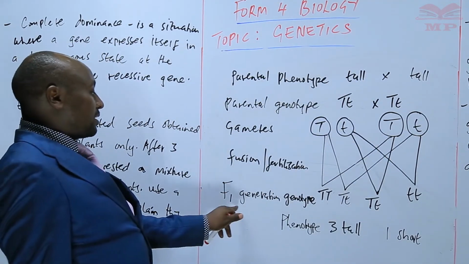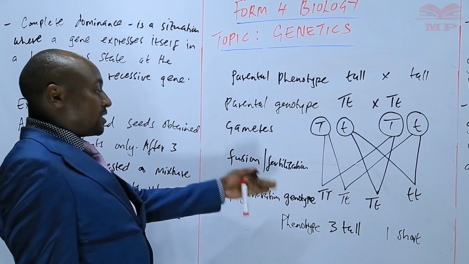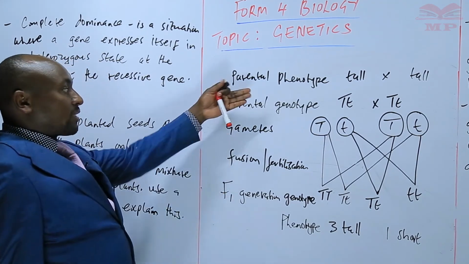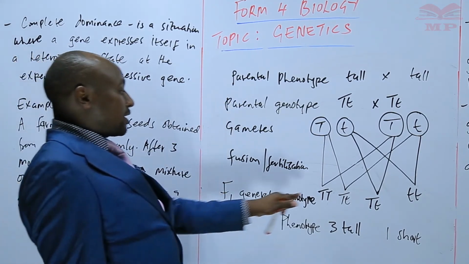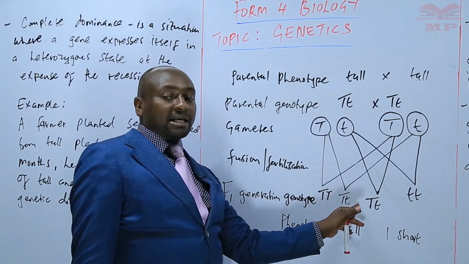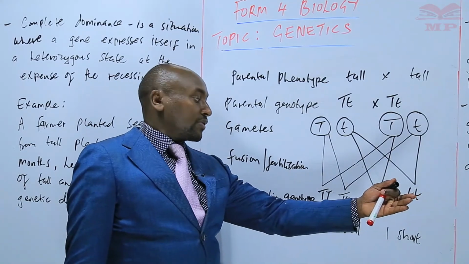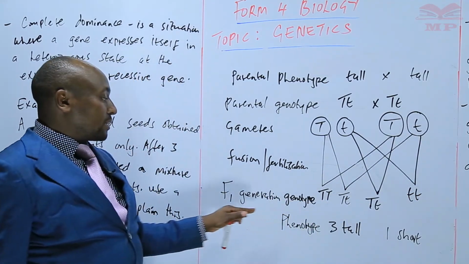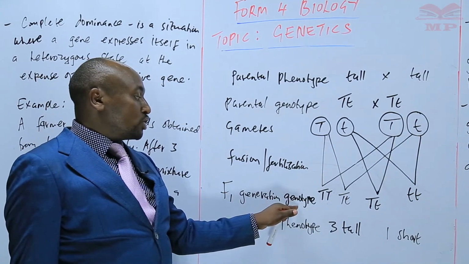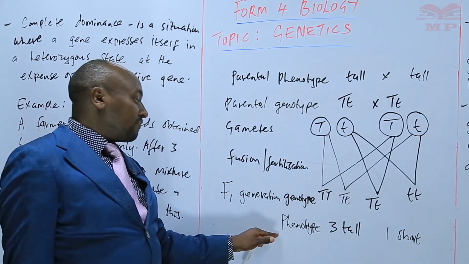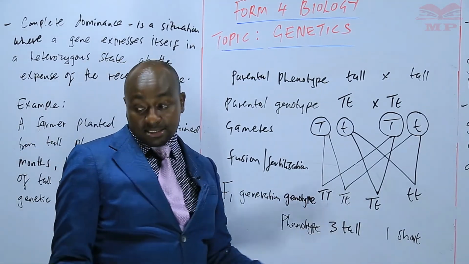So we have seen this as the F1 generation, the first generation from the parents. If we take these ones and we use them as parents in the next generation, then we get to the second generation. Then we have also seen the genotype, we use the letters, the phenotype, we use the appearance.